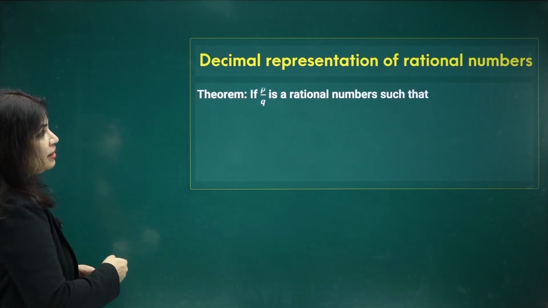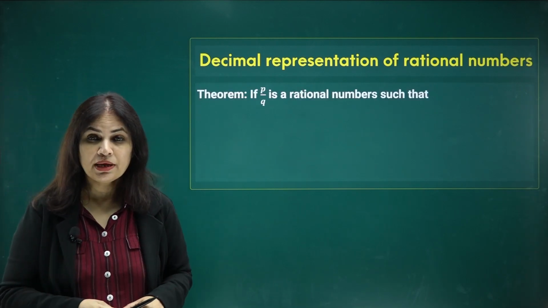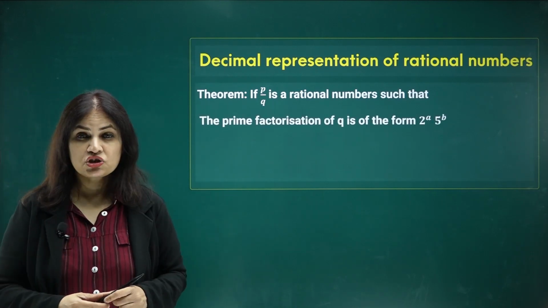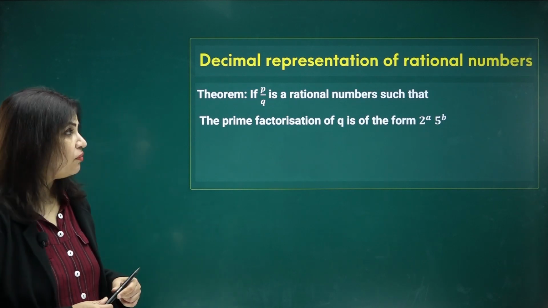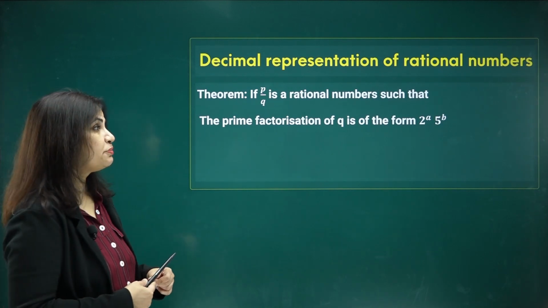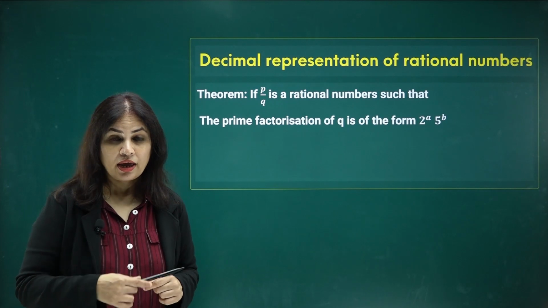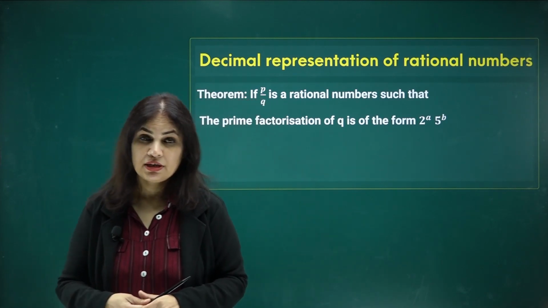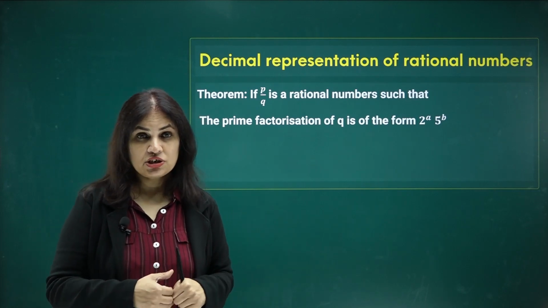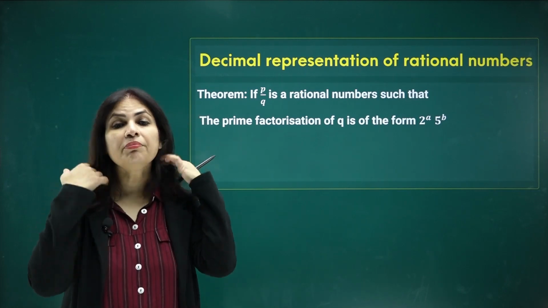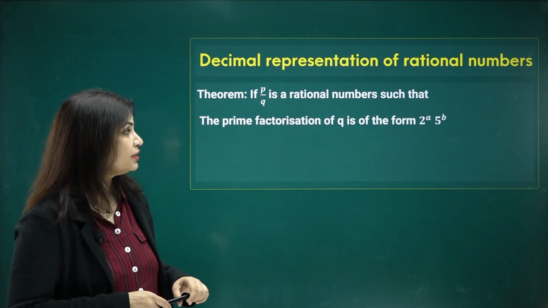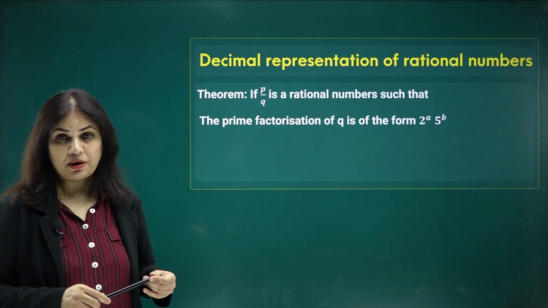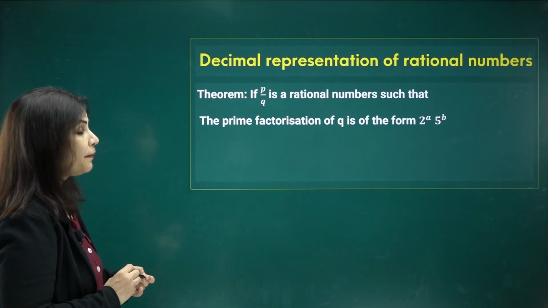If I represent a rational number P upon Q in the form of a decimal, the prime factorization of Q, that is the denominator, will be in the form of 2 raised to the power A into 5 raised to the power B. That means every such rational number will have a terminating denominator in the form of 2 raised to the power A and 5 raised to the power B.